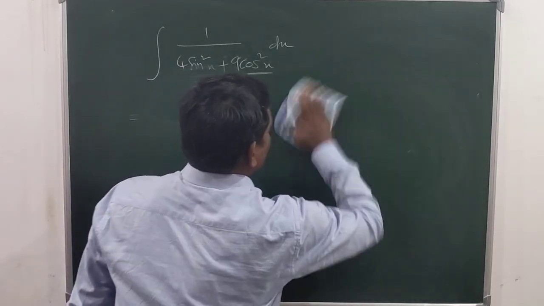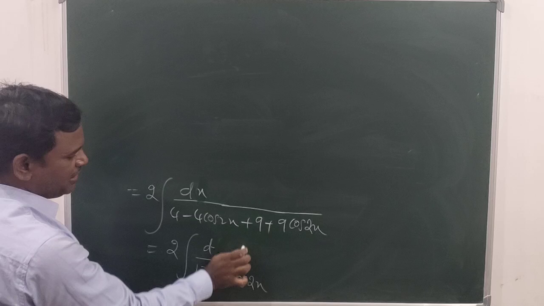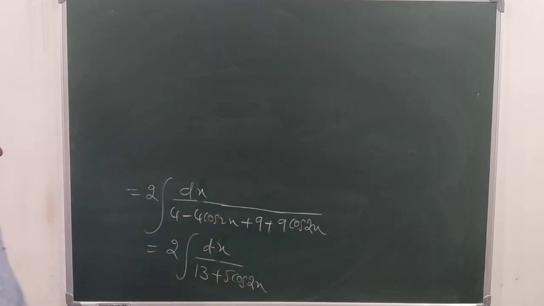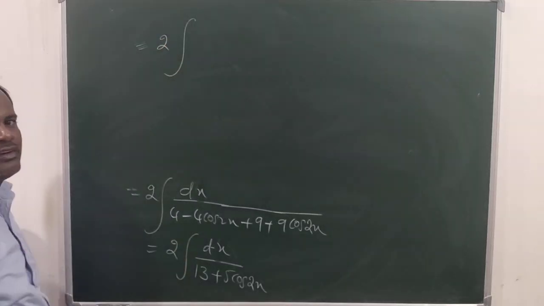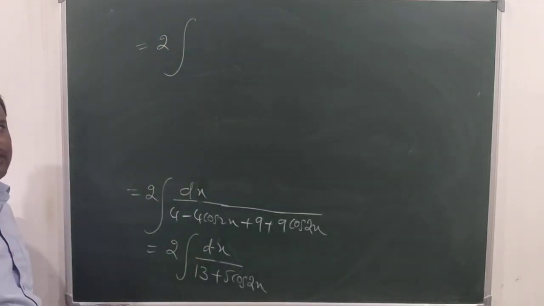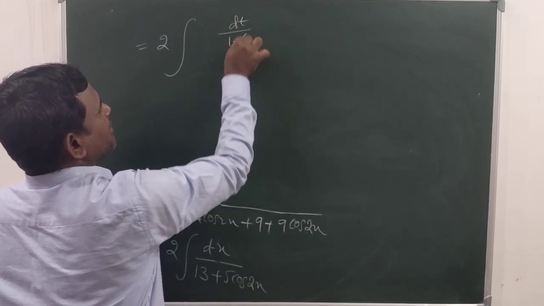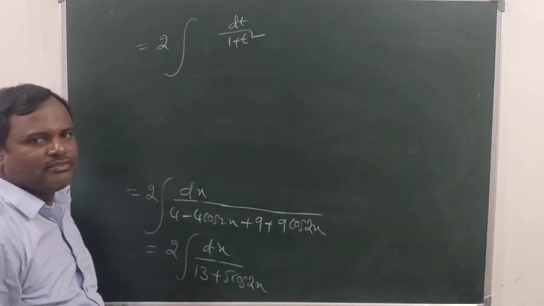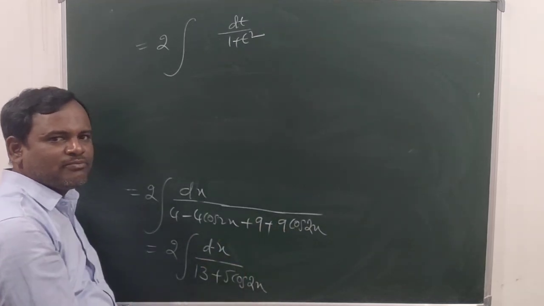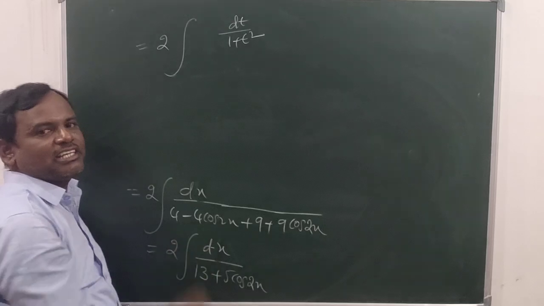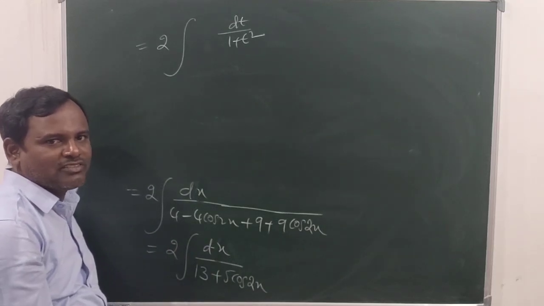Hereafter, in the place of dx, sorry, here it is dx only, not dt. In the next step we write in terms of t. So what do you have to write? Dx equal to dt by 1 plus t square, not 2 dt. So whenever cos 2x and sin 2x are given, in such cases you have to replace dx by dt by 1 plus t square, not 2 dt by 1 plus t square.